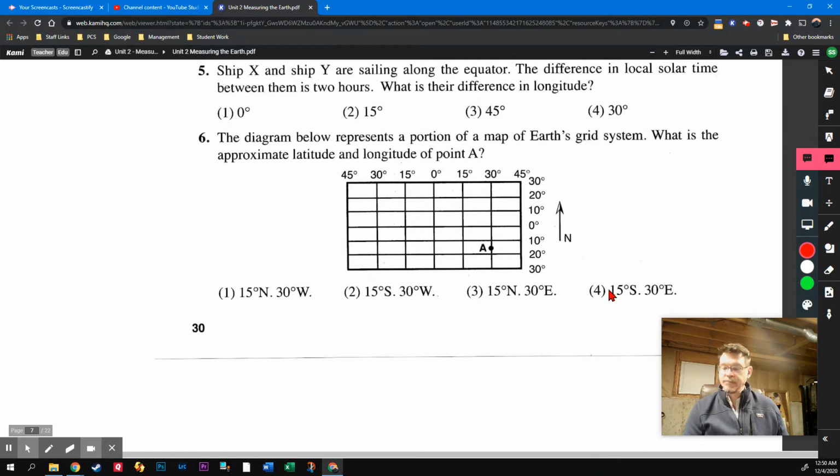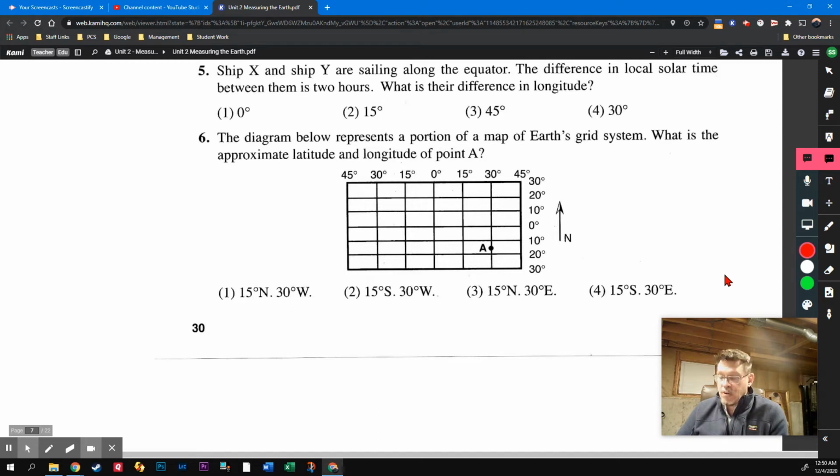All right, so what we're going to do together right now is question number 6. We're going to take what we learned today about a coordinate system in latitude and longitude and apply it to figure out the answer. If you feel comfortable, pause the video now, see if you can come up with an answer, and then come back.